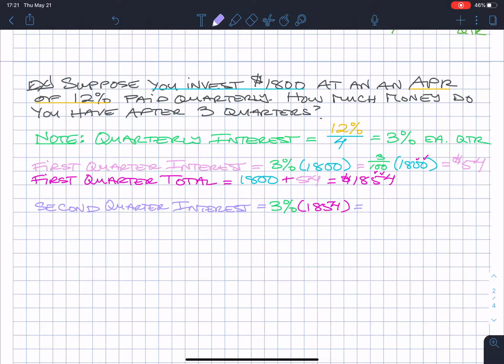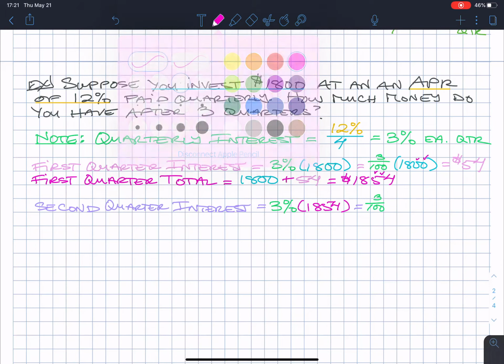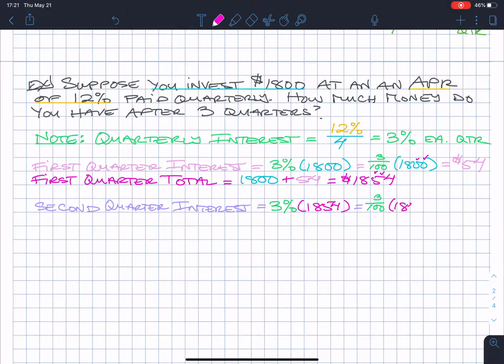So that's going to be 3 over 100 times 1,854. You can put that into your calculators. So what do we get when we're done there? We get an amount of $55.62.